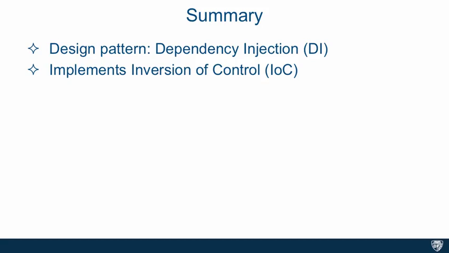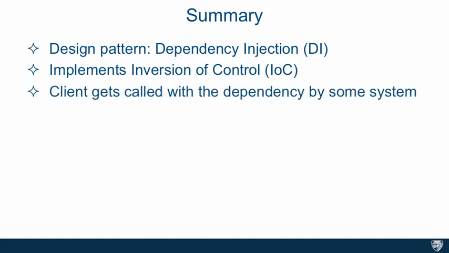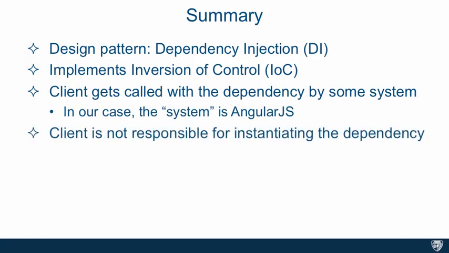And in that approach, the client gets called with the dependencies by some other system. And in our case, obviously, that other system, that surrounding ecosystem, is AngularJS. And the whole point of it here is the client is not responsible for instantiating the dependency, that other code that it depends on.